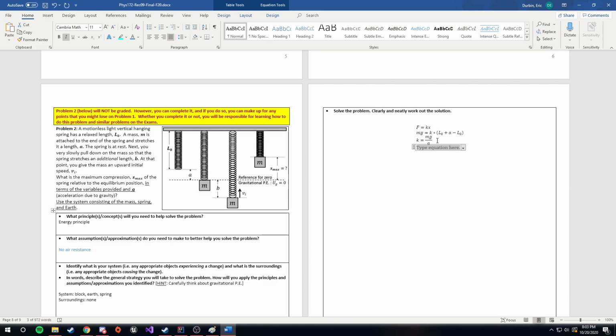So, right. Then we set up the energy principle, right? Yeah.